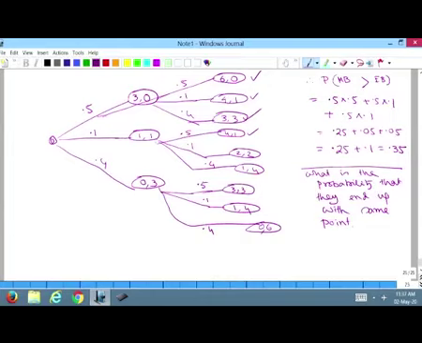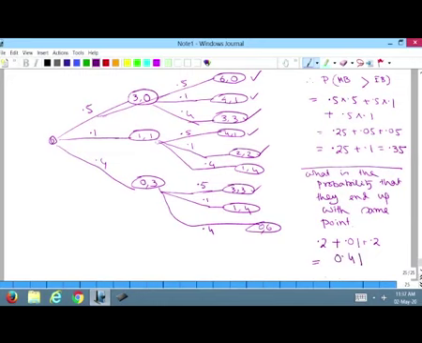So, this is 3, 3, which is 0.2, plus this is 2, 2, which is 0.01, and this is 3, 3, which is 0.2, which is equal to 0.41.